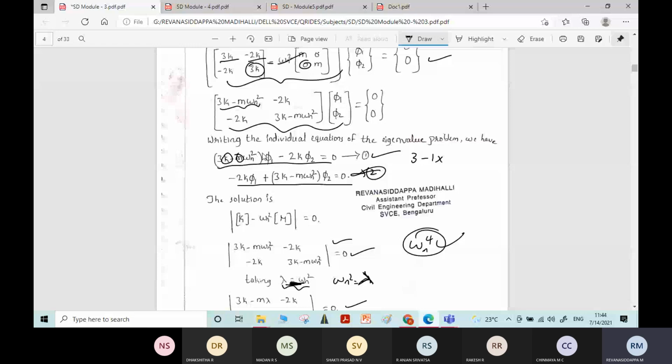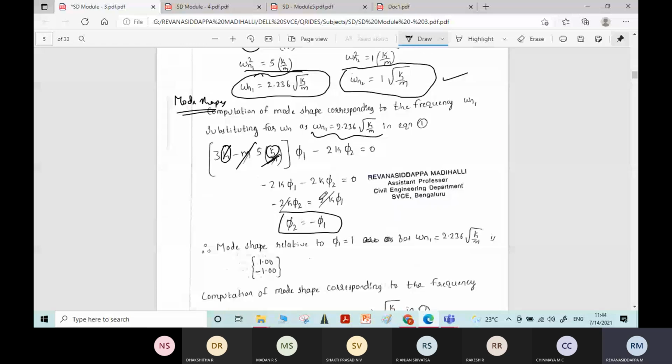Omega n square is equal to 5 into k by m. As I said, k and m get cancelled.